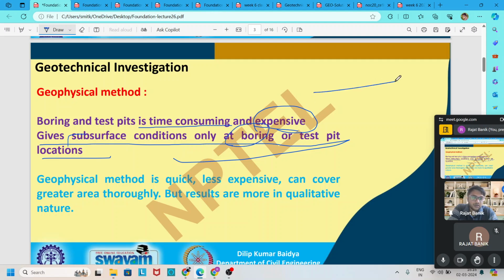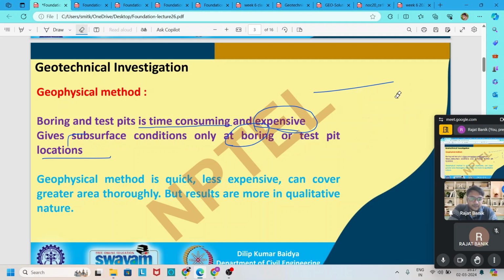Say if we dig a borehole and want to find the ground condition, we only find it by SPT or CPT test at this location only. For other locations, we again have to dig another borehole. So in this situation, these tests are very expensive.